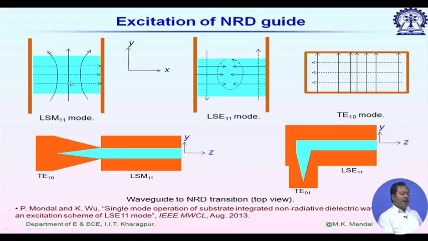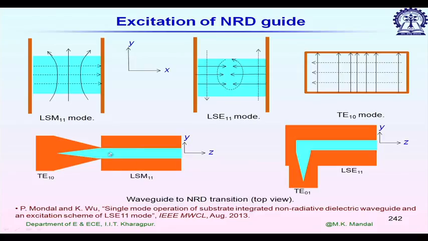Now, if I want to excite this LSM11 mode by using a rectangular waveguide, the right hand side shows the TE10 field configuration of rectangular waveguide. We have the electric field perpendicular to the broadside. So, simply we can place a rectangular waveguide on top of this, so that the electric fields are in the same direction.